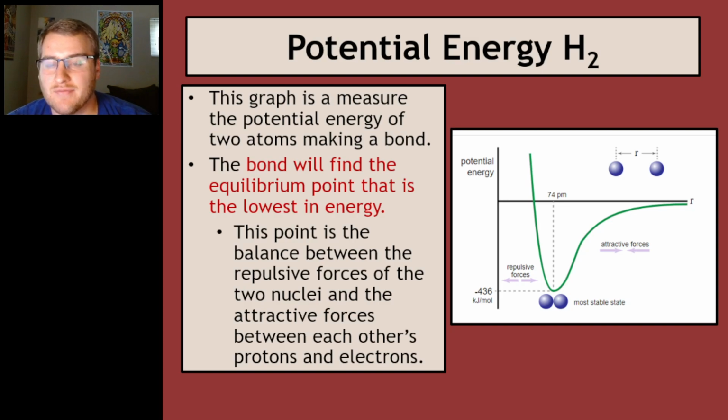And that's why it's a negative number. You actually would, when this bond is made, release that much energy. And that's what that negative means. Okay? So making these two things bond together saves 436 kilojoules of energy. So those are kind of the two main points here. So we have the amount of energy saved on the y-axis, and then the bond length here on the x-axis.